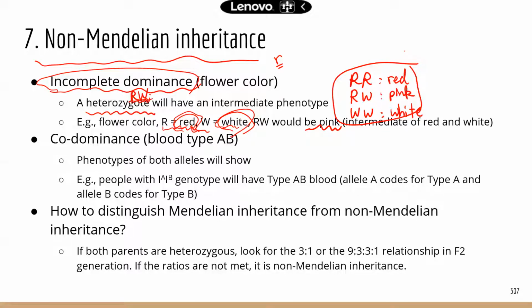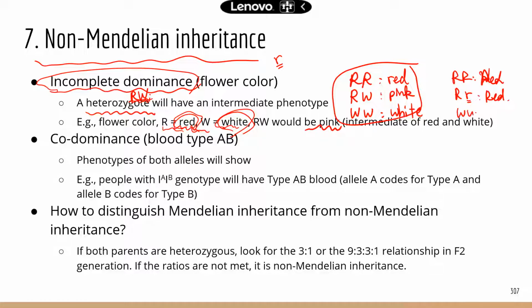So you can see this is different than what we talked about before that follows Mendelian genetics, right? In those cases, we have big R, that will be red, but heterozygous genotype is going to be big R, little r, right? And that's going to be red flower.